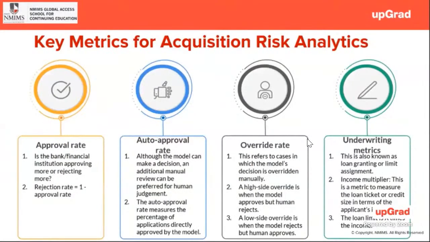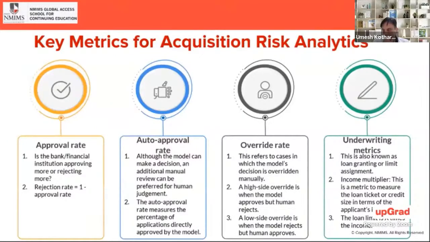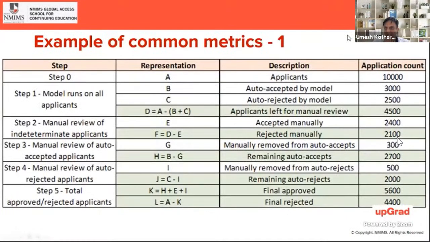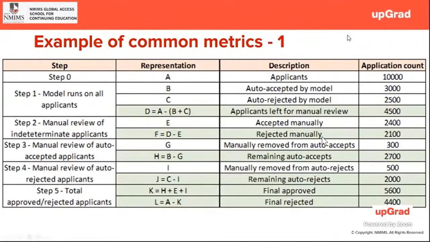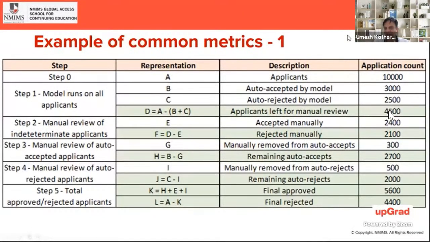So model approved 3,000, sir, and human rejected is 2,100. Where do you get 2,100 from? Rejected manually. That is out of what you have to review anyway from the model. There's nothing that the model has done. These are leftovers. And from that, 2,100 has been rejected manually. Yes. So I'm afraid that will not be the right thing.